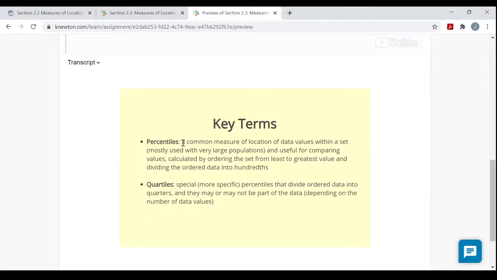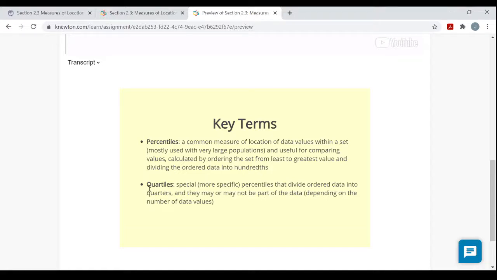Percentiles, I haven't read the definitions to you yet. Percentiles are a common measure of location, where a piece of data is, the location of data values within a set, mostly used with very large populations and useful for comparing values. They're calculated by ordering the set from least to greatest and dividing the ordered data into hundredths. That's what the divided by 100 is, percent.